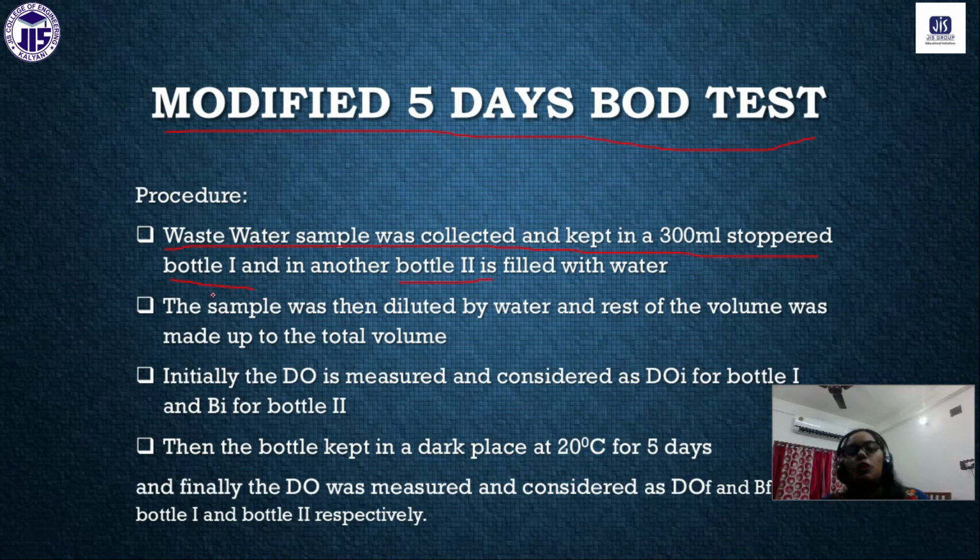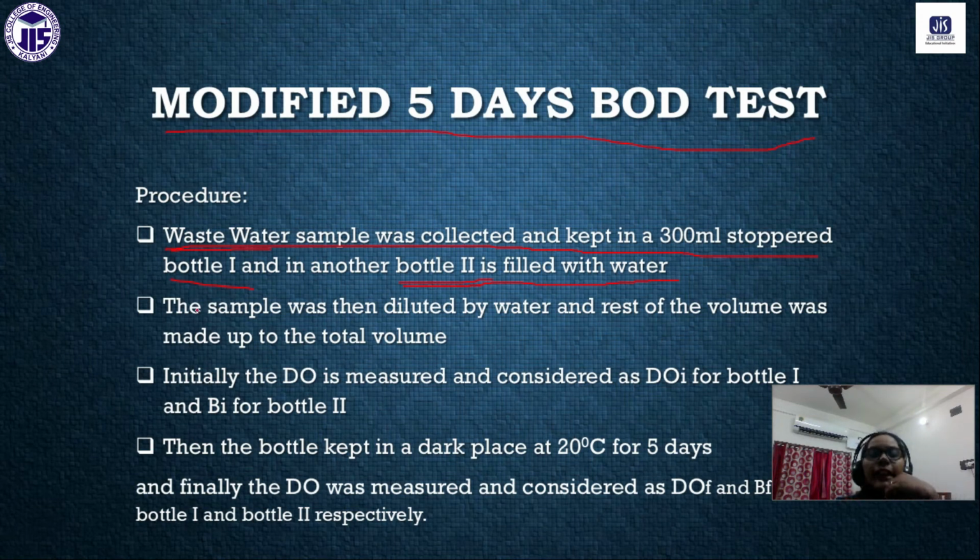In bottle 1 we have taken wastewater sample and water sample, and bottle 2 is filled with only water. So in bottle 1 we have taken wastewater, in bottle 2 only the water we have taken.